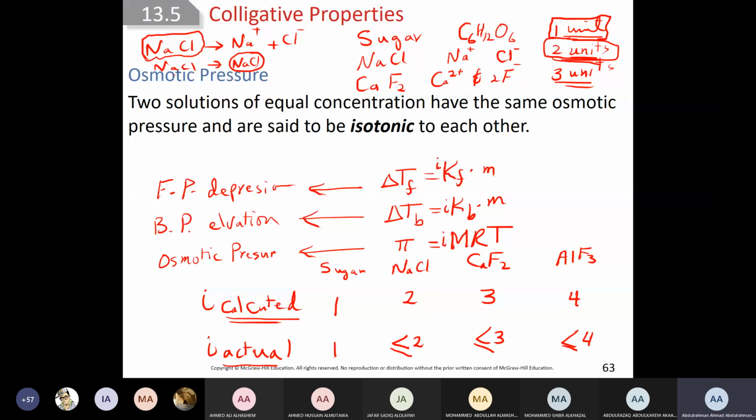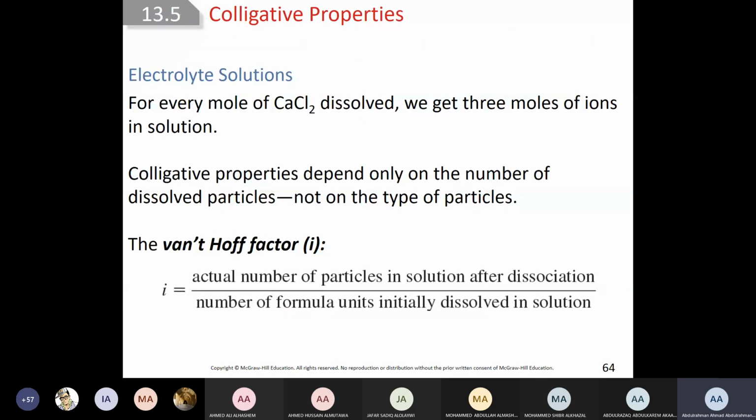The I actual is measured in the lab, while I calculated is what you do yourself. This I, which is actual, is known and determined by a scientist.